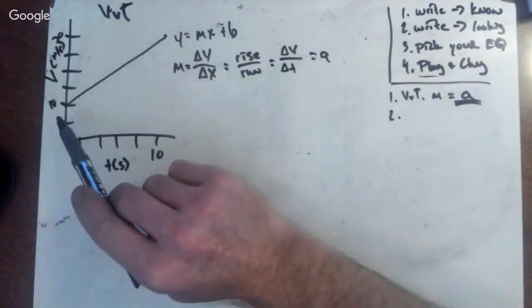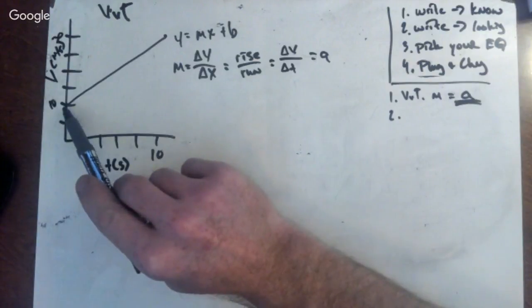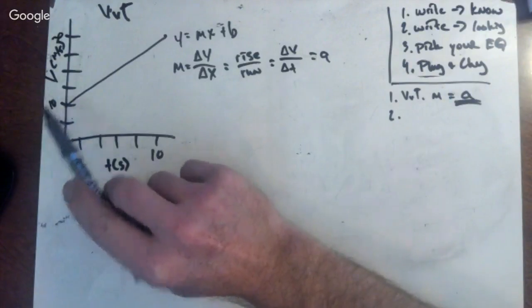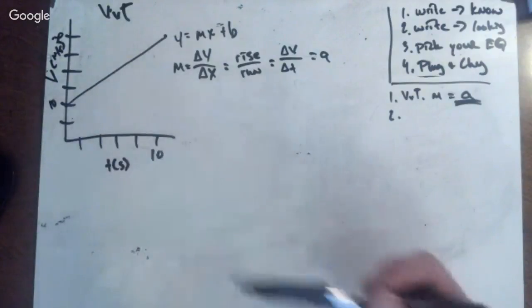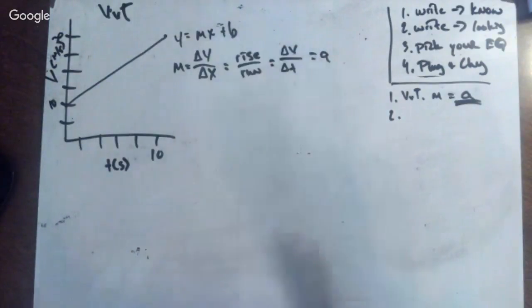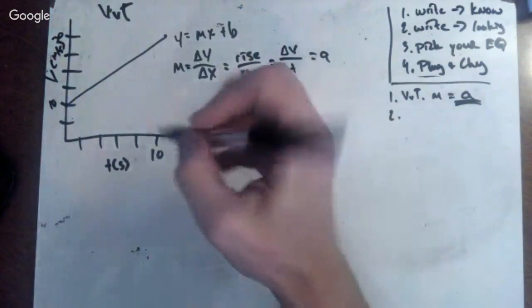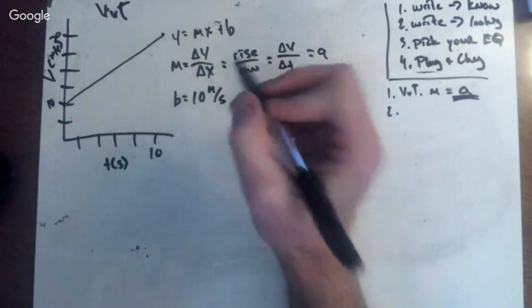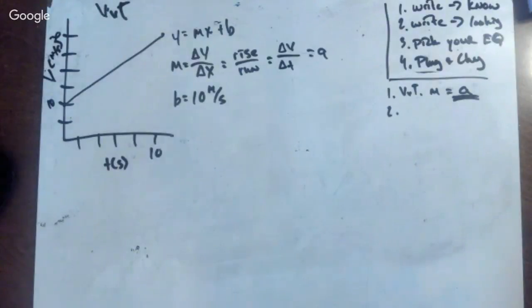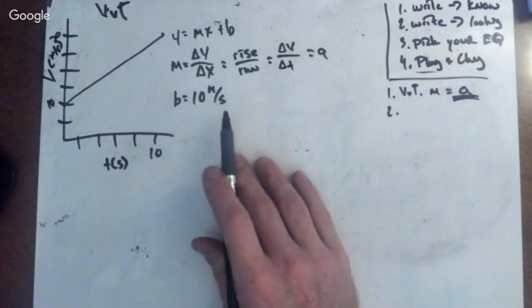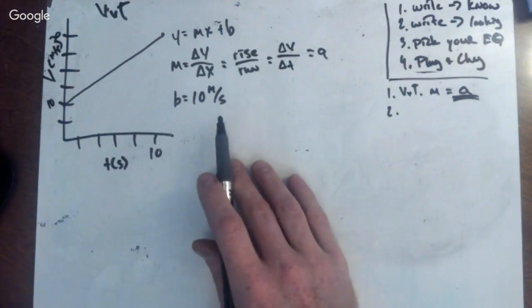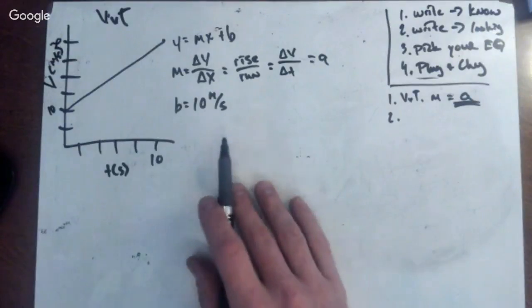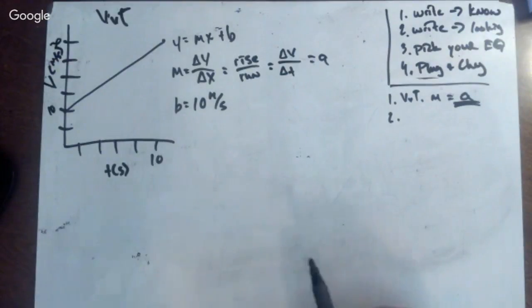What is this graph telling us by starting here at 10 meters per second instead of at 0 or something like that? Again, looking at our y equals mx plus b formula, you probably recognize this 10 over here as our y-intercept. Now, our y-intercept in any graph at all shows us the initial value at x equals 0.